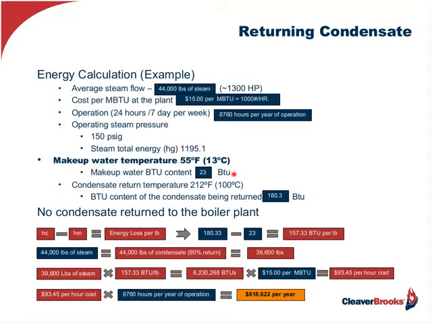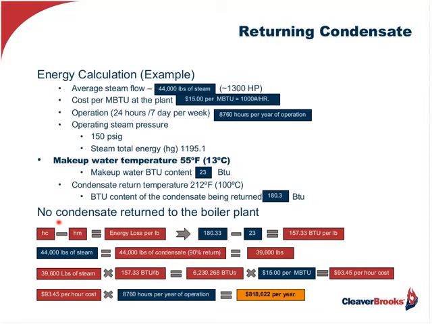Now, the condensate return temperature, let's say in this particular case, is 212 degrees. We're being very liberal here. And the BTU content being returned then is 180.3 BTUs. So if I've got 55 degree water, of course what I have in that water is 23 BTUs that I've captured. So now let's go through the math.